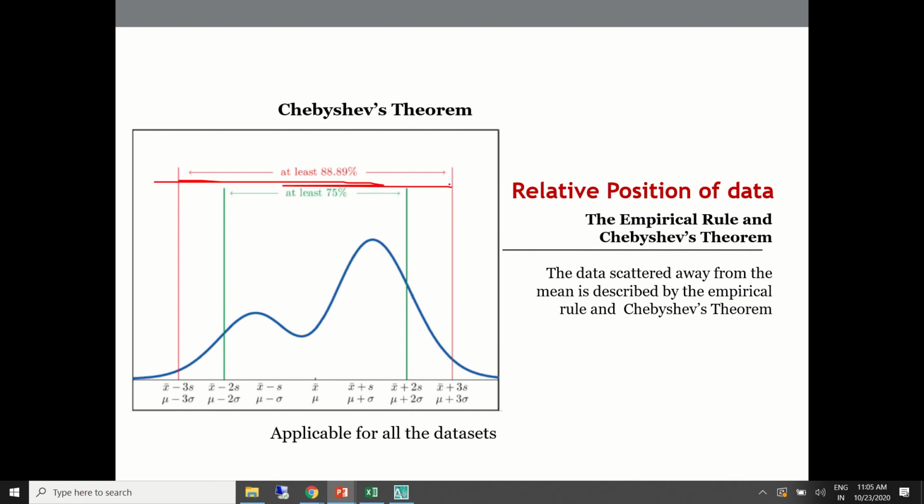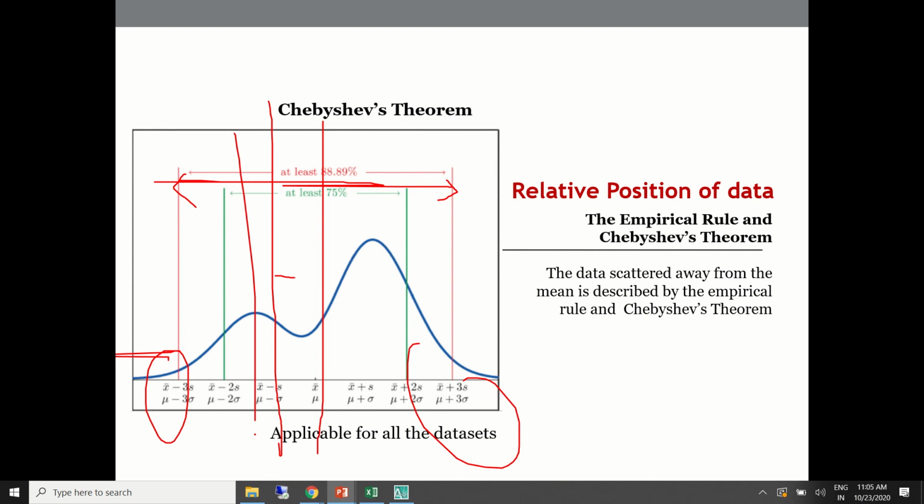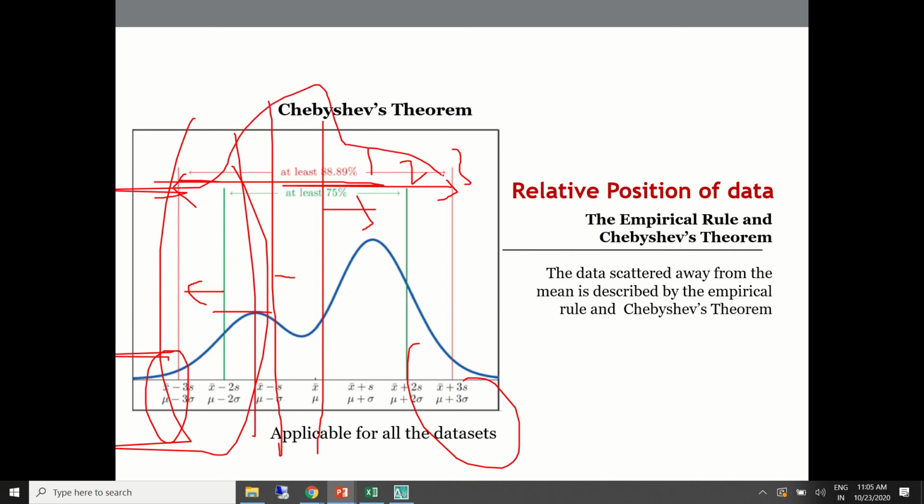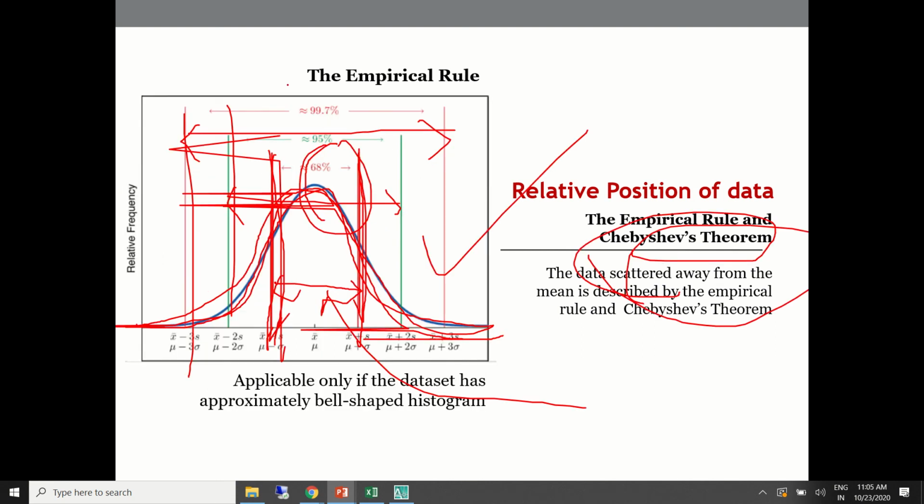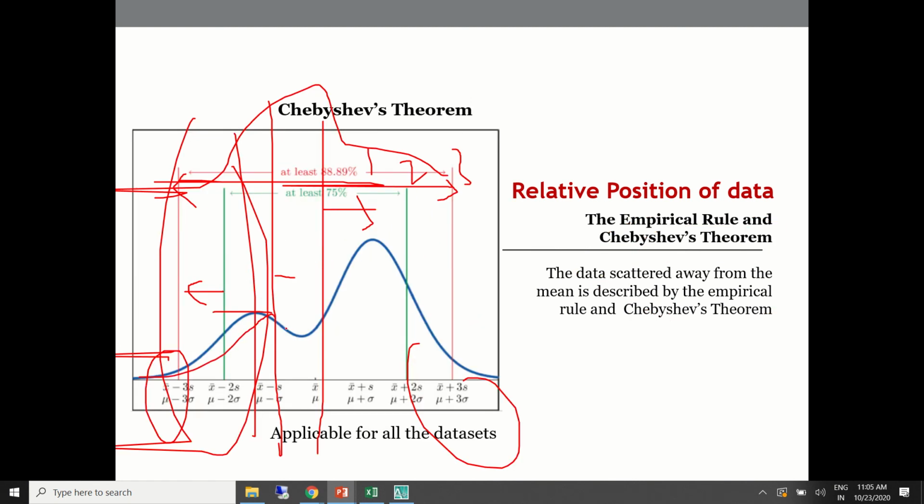If that is the case, 90% of the data should fall within the three grades. Suppose this is 0, -1, -2, -3, or similarly positive 1, 2, 3. If we plot this data set, it can be a normal distribution curve, or it can be a variation in the distribution as well.